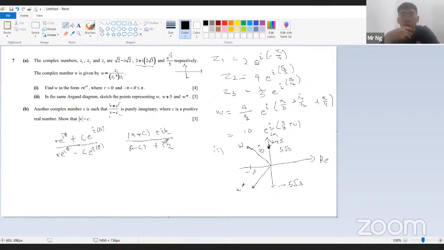What I really need to be careful of. Can't use Euler here because the R is different. Yeah, but maybe we can.